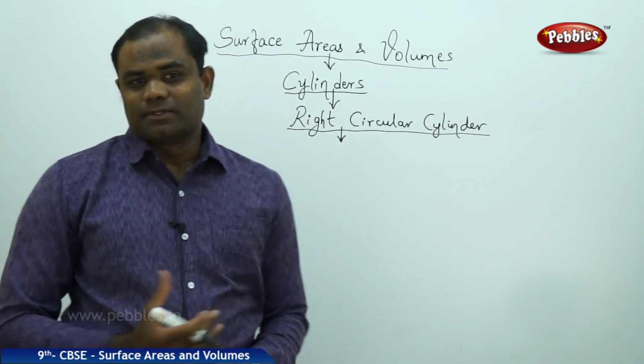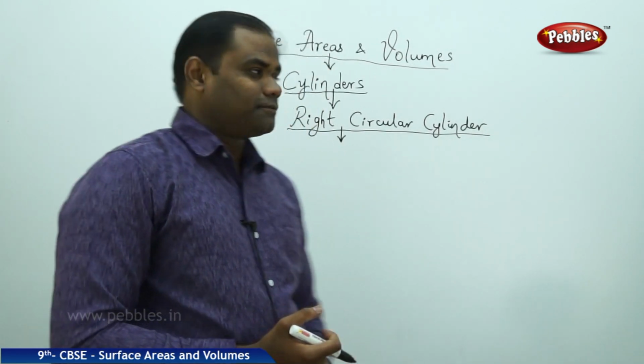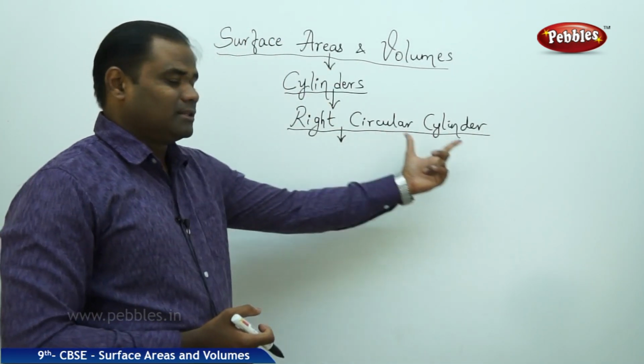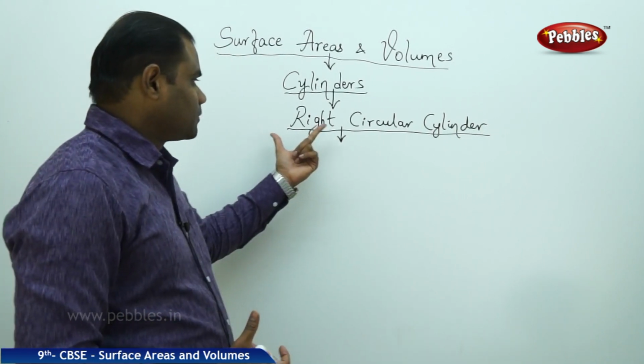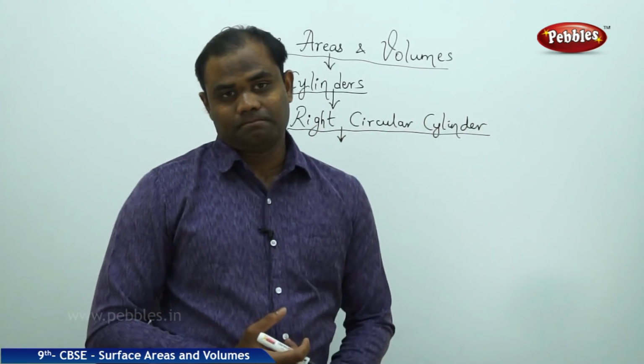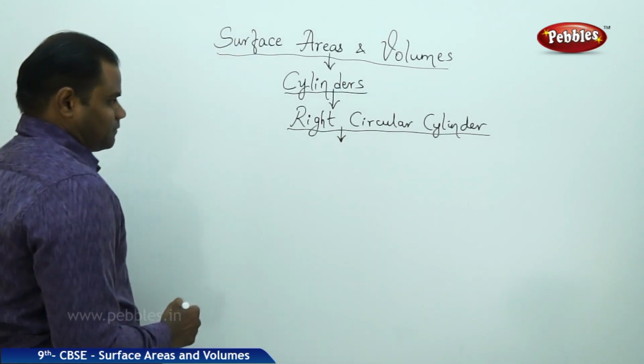What is a right circular cylinder? What is the difference between a cylinder and the specific cylinder given by the name right circular cylinder? So let's see this in brief.